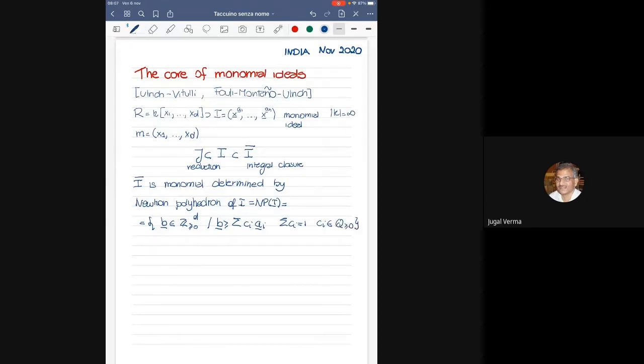If you want, this is the convex hull of the lattice points given by the monomial generators, and to these lattice points you have to add the positive orthant. That's how you get the Newton polyhedron.